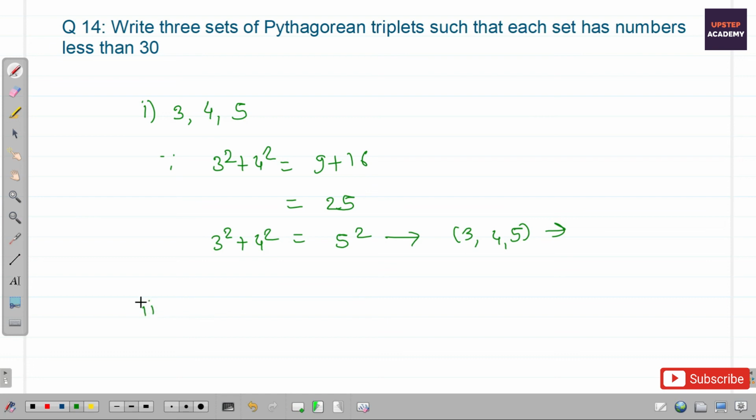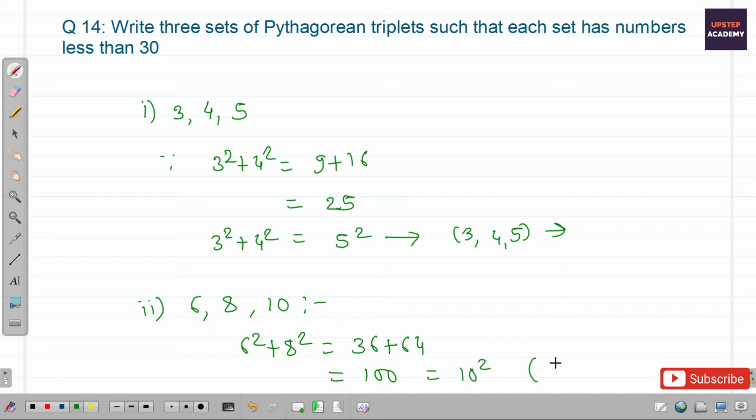Another example we can take is 6, 8 and 10, because 6 square plus 8 square equals 36 plus 64, which is equal to 100, which is equal to 10 square. Therefore 6, 8 and 10 is also a Pythagorean triplet.